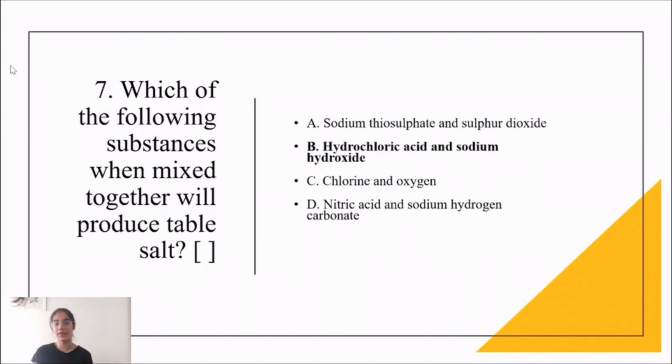We know these are the very basic reactions when we study acids reacting with bases. It is hydrochloric acid mixing with sodium hydroxide. Hydrochloric acid has the formula HCl and sodium hydroxide has the formula NaOH. Both of them will react to give table salt, which is NaCl, and water. That is it for this question.